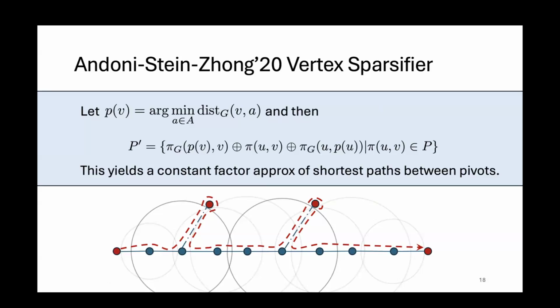Then the links that go from pivot to pivot in this setup are always contained in the path set P prime. Why is that? Well, we can just follow the shortest path until we have the first vertex that has a different pivot.